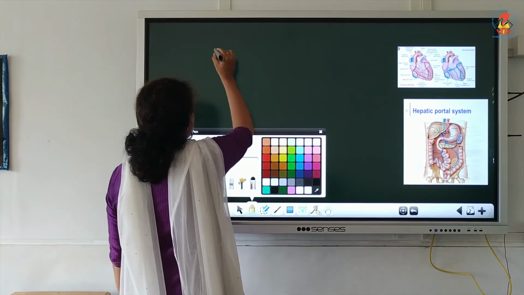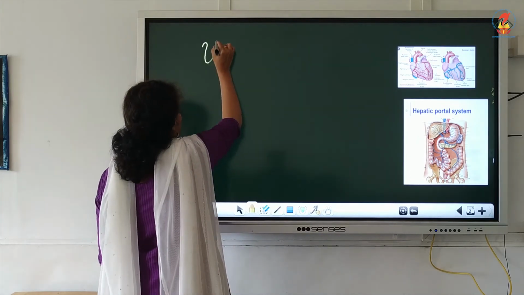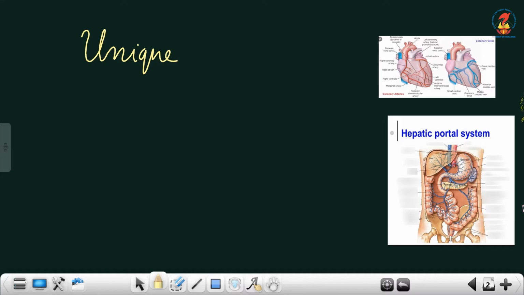Now in humans we are going to see two unique vascular connections.